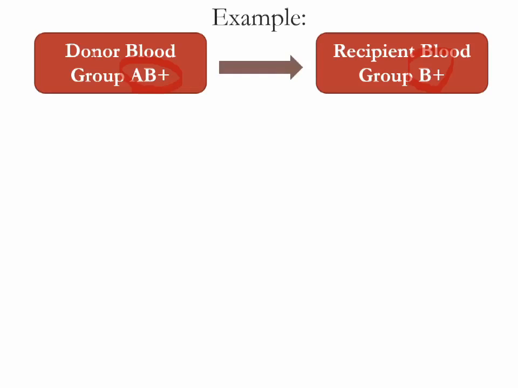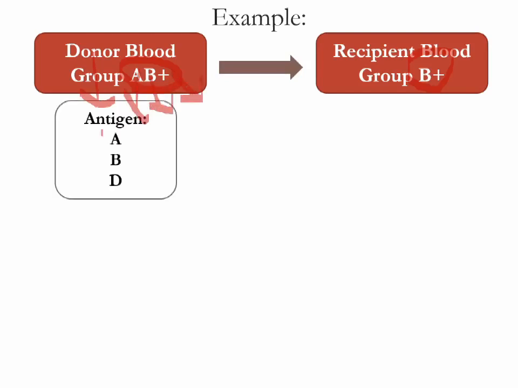So for the donor, here we said we are transfusing packed RBCs, so we are going to look for the antigens. So what antigens are we transferring or transfusing? The A antigen, the B antigen, and the D antigen. Right? So here you have 3 antigens being transfused.